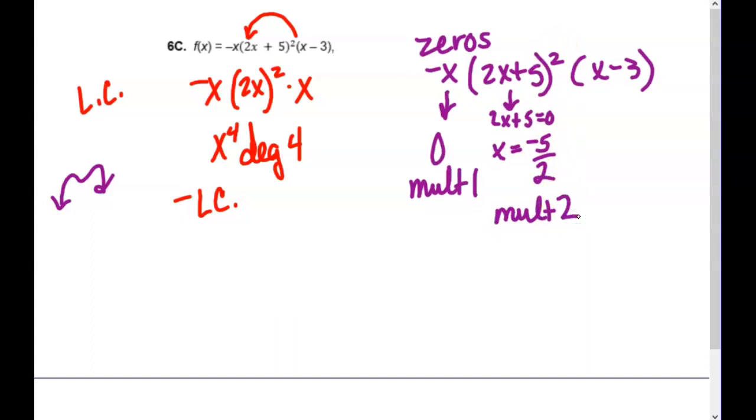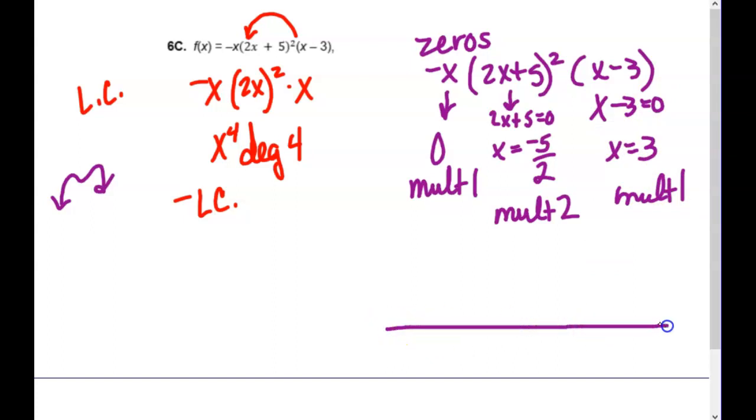People say, I don't understand multiplicity. It's just the power of the factor, okay? If it's got a squared on the whole thing, then it's multiplicity 2. If it had a 3 on the whole thing, it's multiplicity 3. What you have to know about the multiplicity is that if it's even, it's a what? Bounce or a tangent or a kiss. Some people say it kisses the x-axis rather than actually crosses it. This one, if we set equal to 0, we get 3, and that's multiplicity 1.